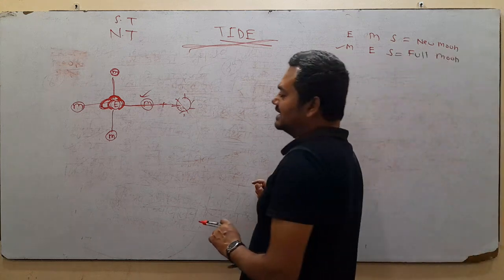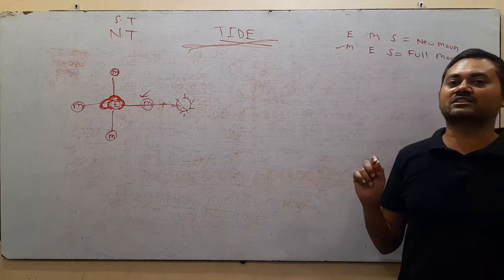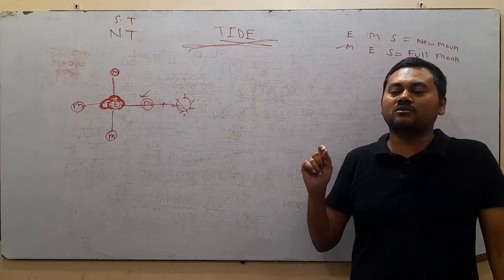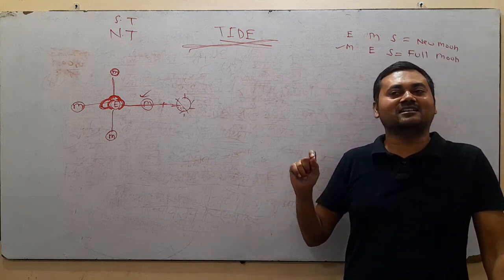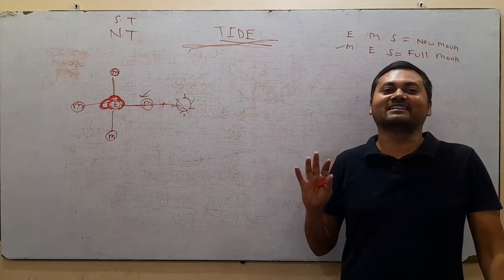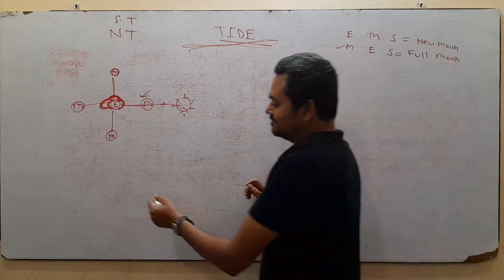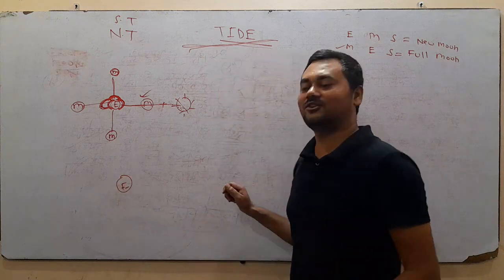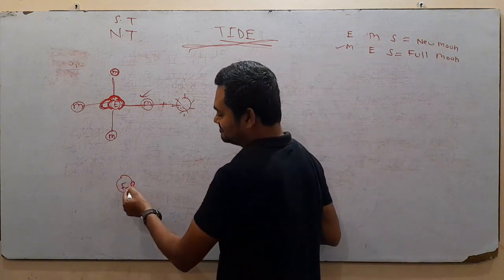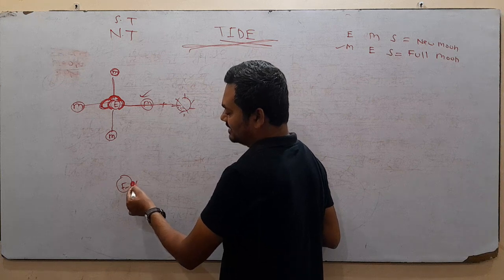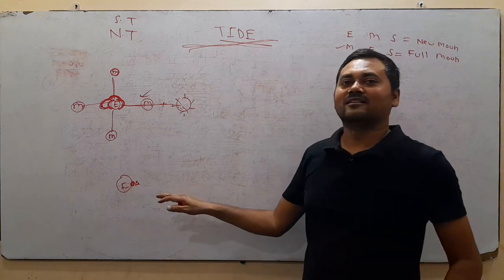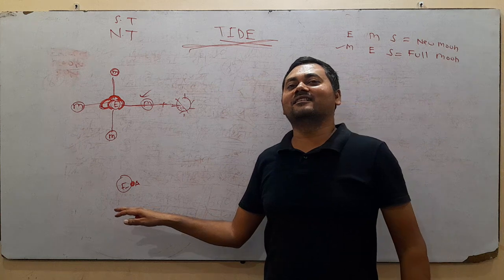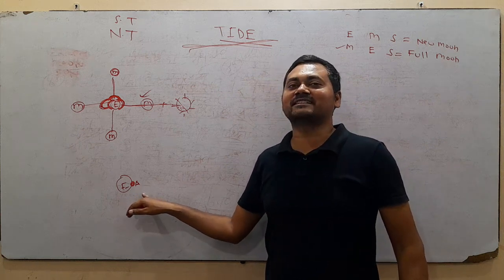Now let me tell you, if anyone is asking after how many hours, days, months or years, let's assume this is the earth, okay, and on this particular position a place experiences spring tide.